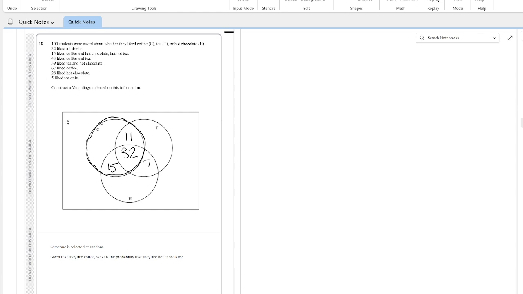So we have to do 67 minus 11 minus 32 minus 15. And if we use a calculator, this turns out to be 9.